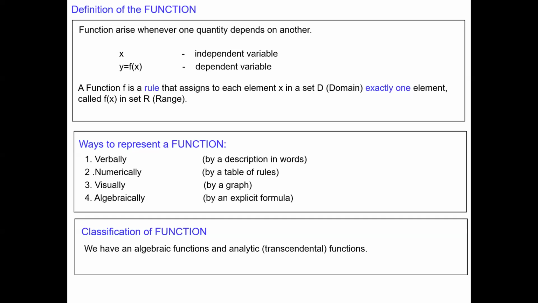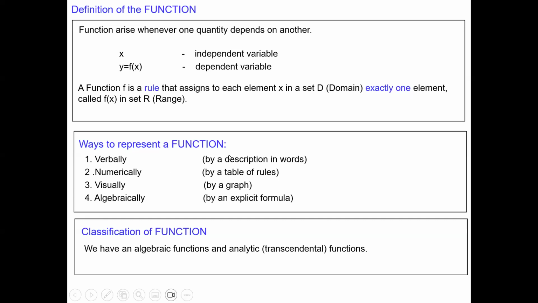But a function is a special rule that assigns to each element x exactly one element y. x comes from the domain, y comes from the range. That's really important to remember. We have the vertical line test, which determines whether a presented graph is a function.